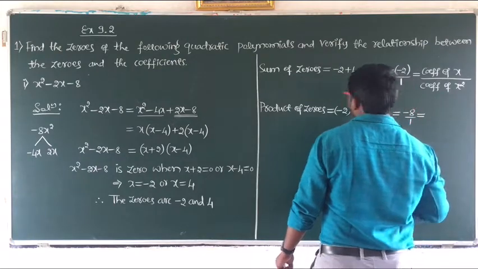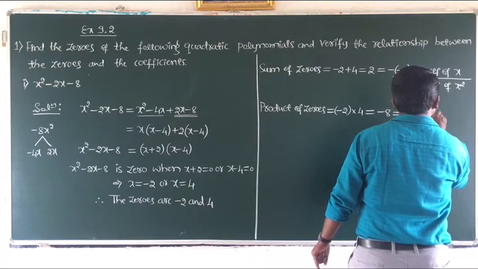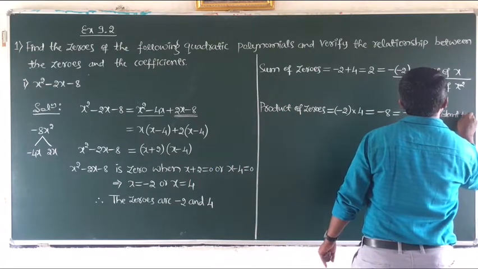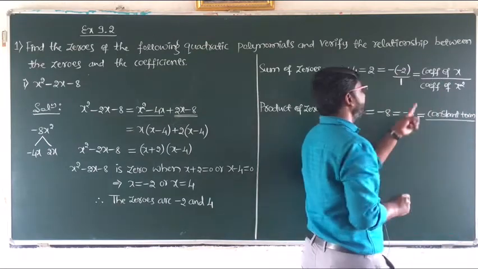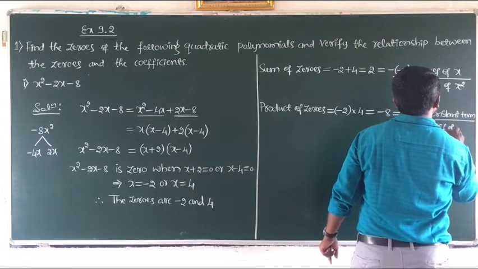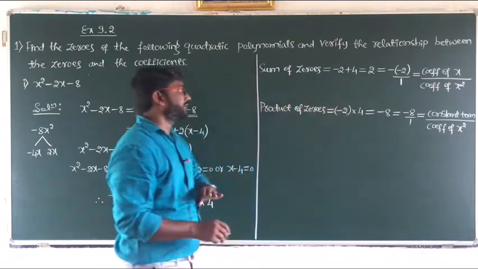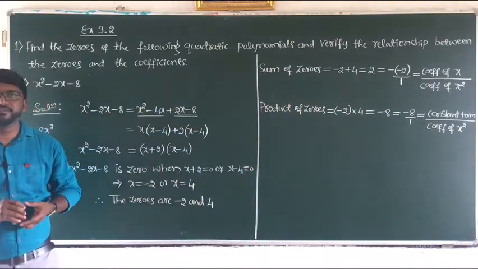Minus 8 is the constant term, divided by 1, which is the coefficient of x square. So this is the second part, and in the first part we calculated the zeros. This is all about the first sub question.